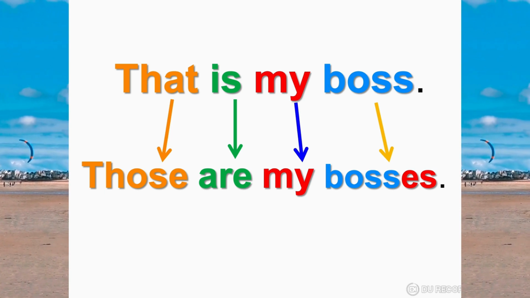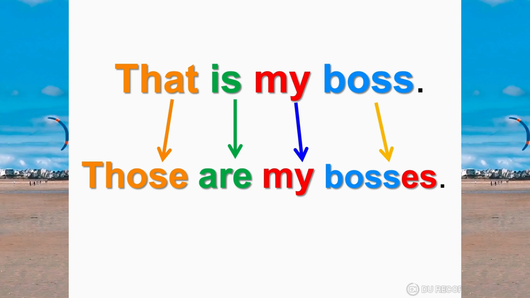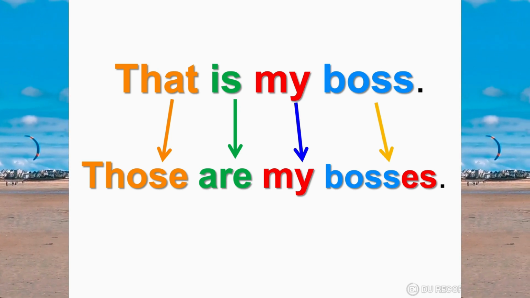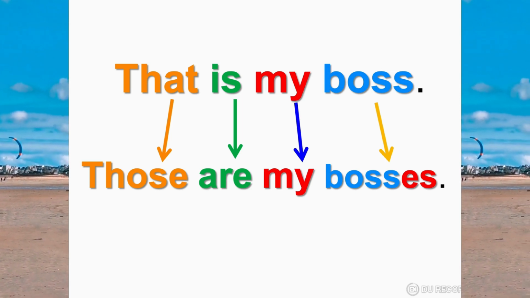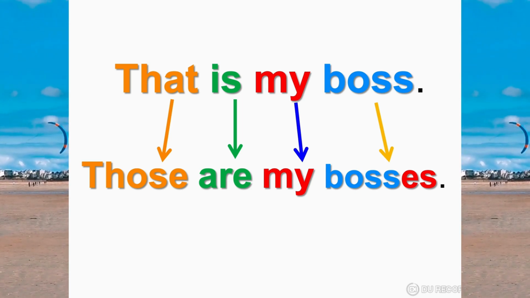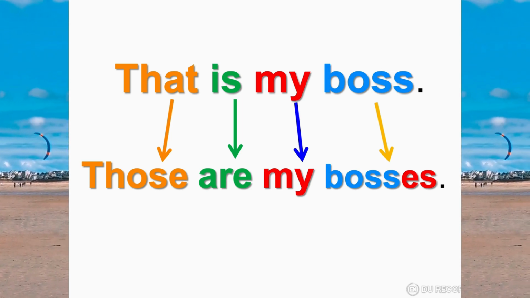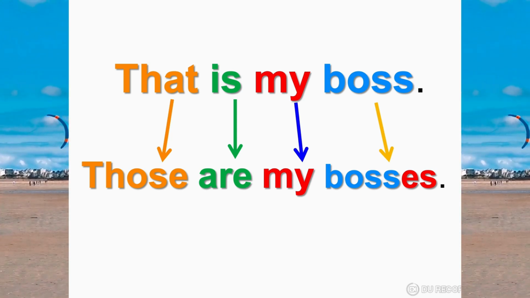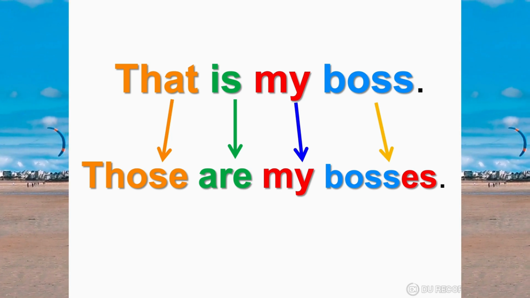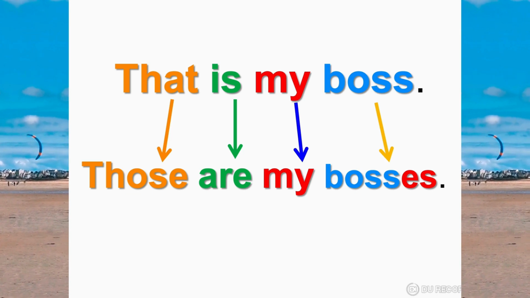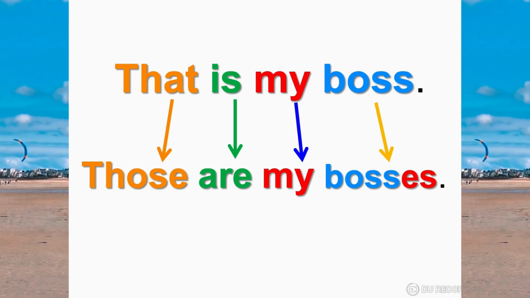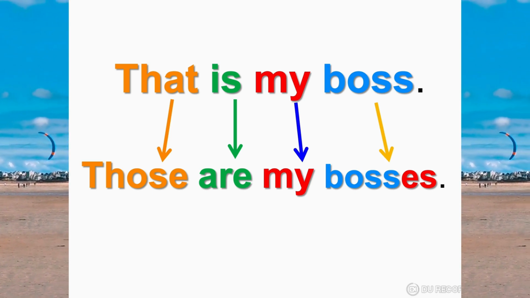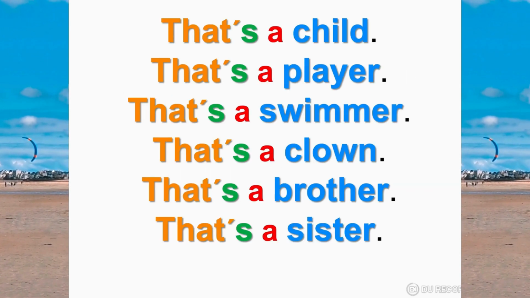The plural of my doesn't change, as I said in the previous lesson, in lesson 55. So possessive adjectives don't change. My, your, his, her, our, your, their, they don't change. So the nouns change. Boss, bosses. Let's repeat after me. That is my boss. Or that's my boss. Those are my bosses. Let's continue.